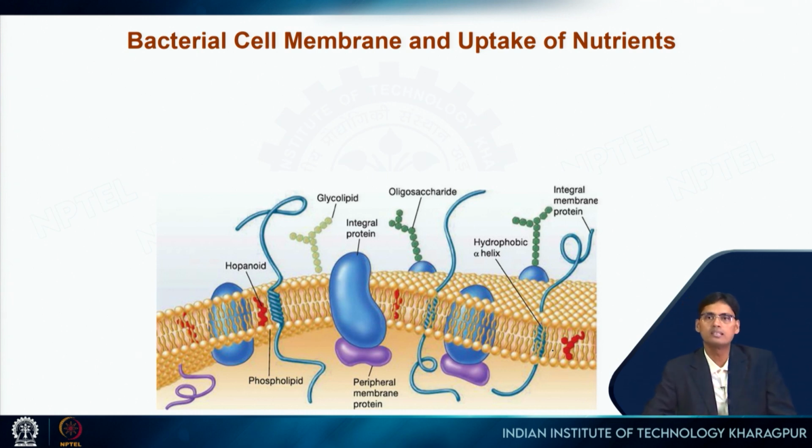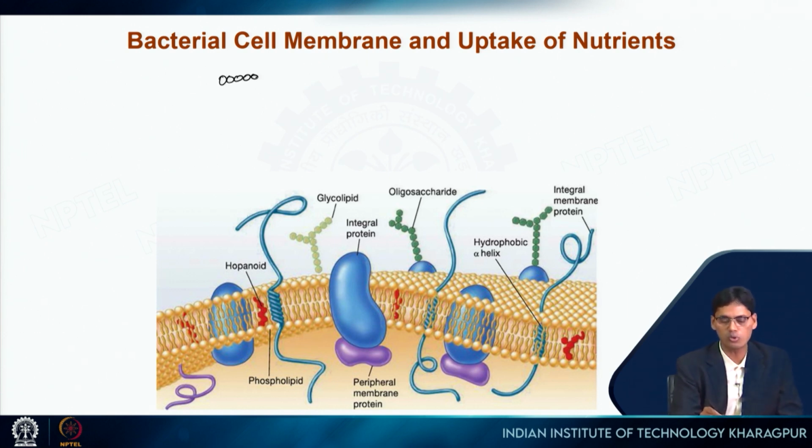But the plasma membrane acts as a selectively permeable barrier. Why? Because the cell wall and outer membrane of some bacteria are much more porous in nature, so many things can pass through them. But the plasma membrane acts as a selectively permeable barrier.